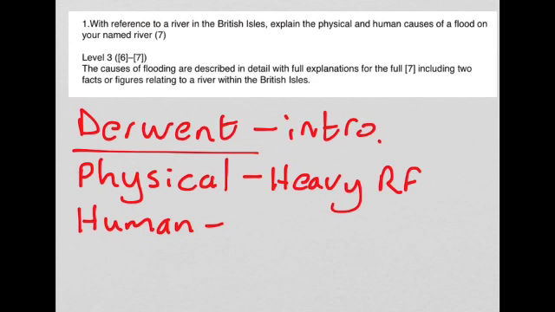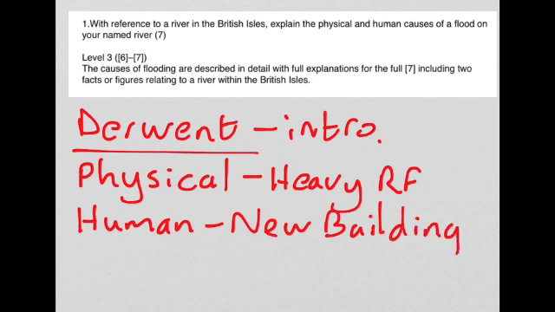Again, I'm probably going to select new buildings. So again, I would put in the point, explain, expand statement from the ebook. So I would say new buildings were built on the floodplain, as large parts of the floodplain were urbanised, for example in Malton, and this reduces infiltration and increases surface runoff.